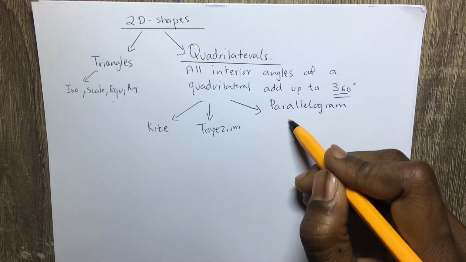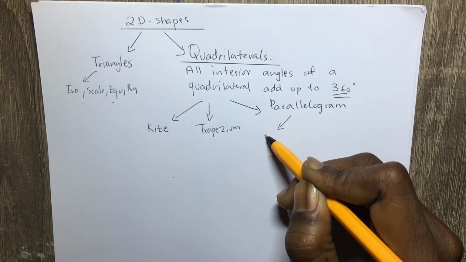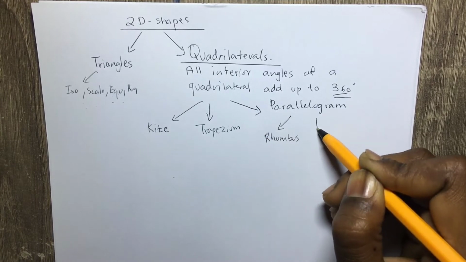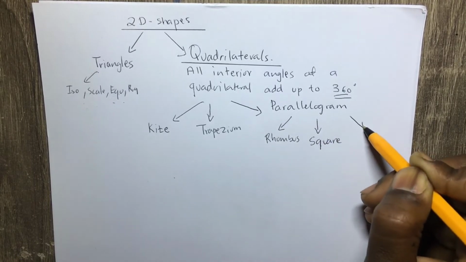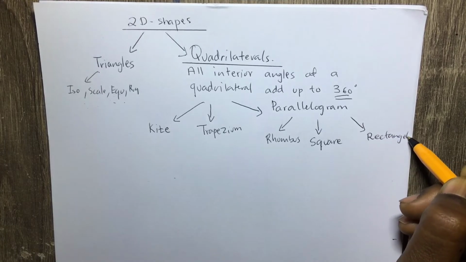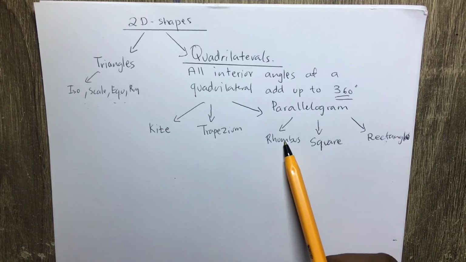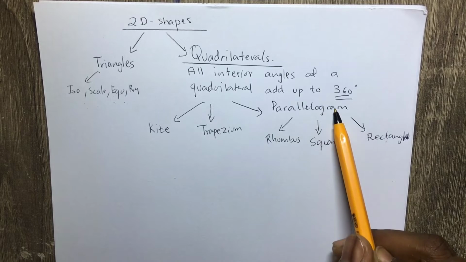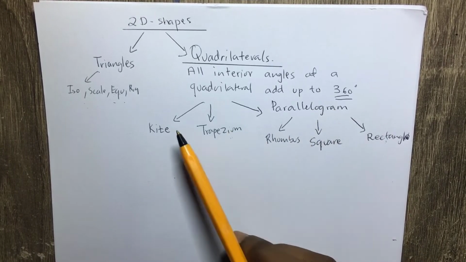Underneath the parallelogram, we've got a rhombus, a square, and a rectangle. You're going to see when we do the properties. A rectangle, a square, a rhombus is also a parallelogram, and a parallelogram is also a shape on its own. So 1, 2, 3, 4, 5, 6.